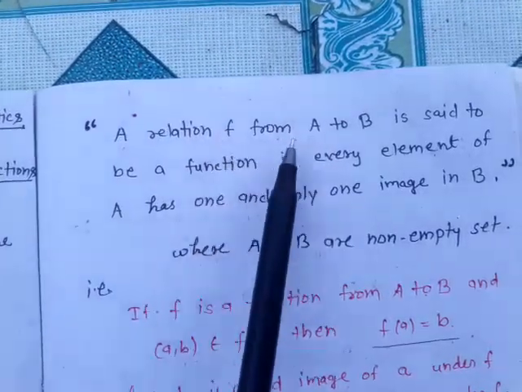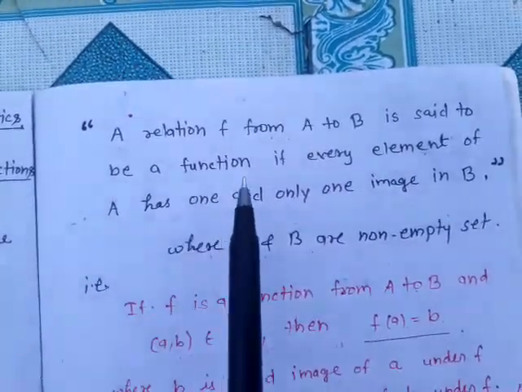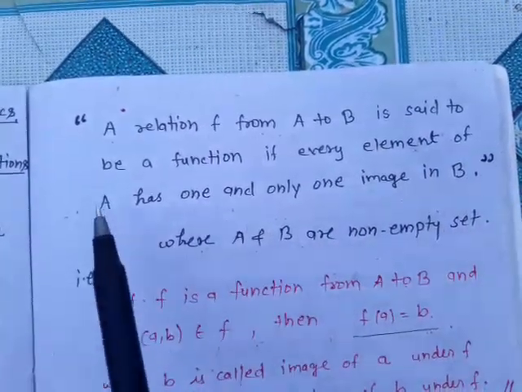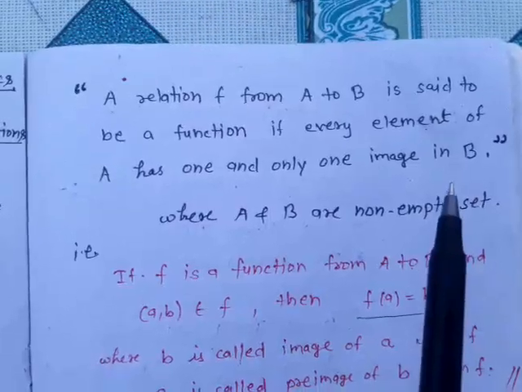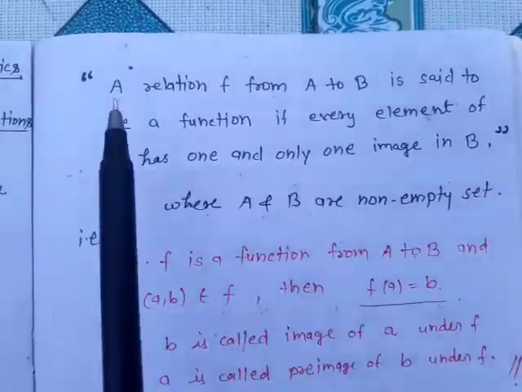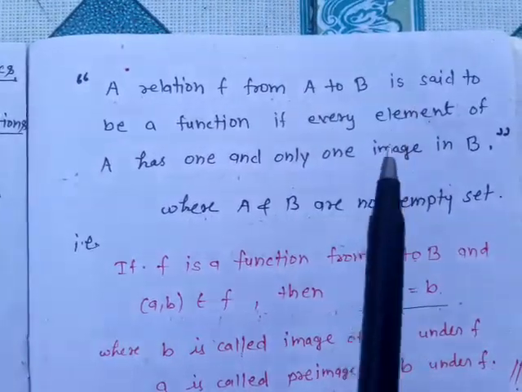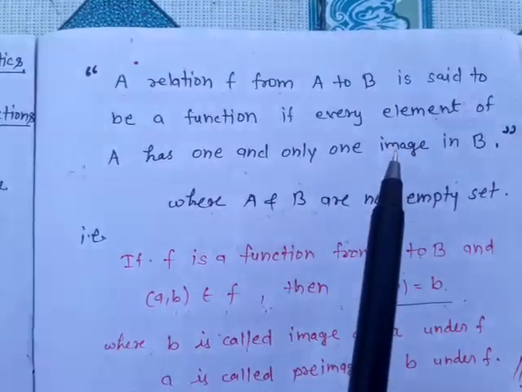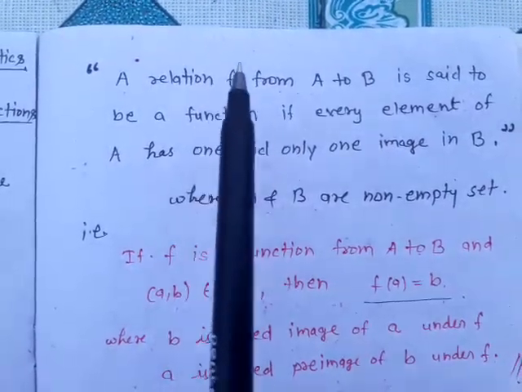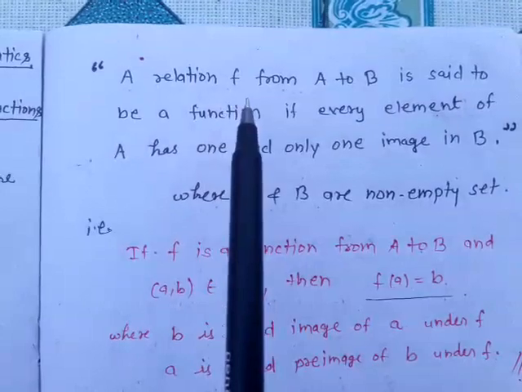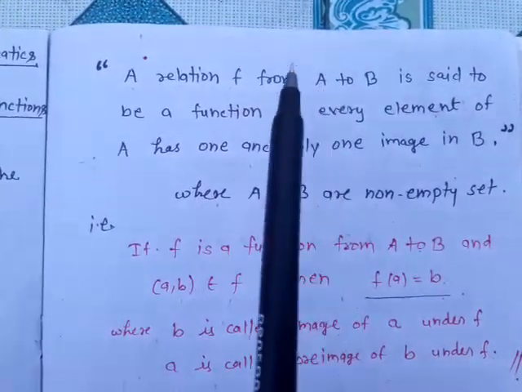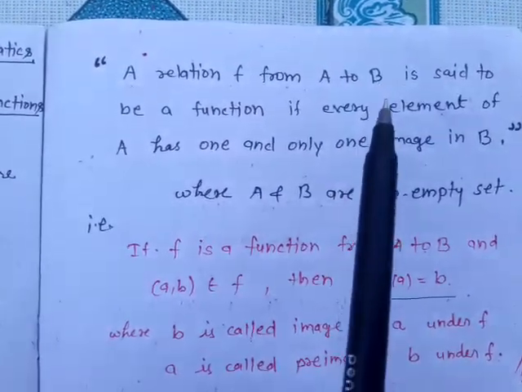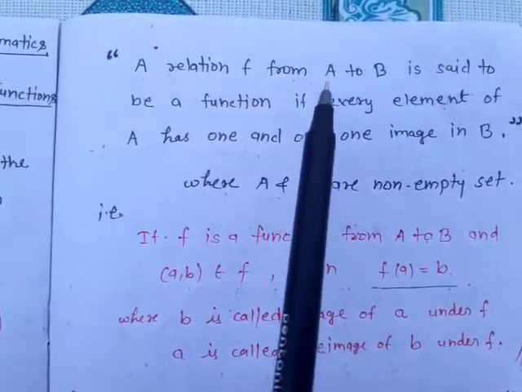A relation f from A to B is said to be a function if every element of A has one and only one image in B. For defining a function, A and B are two non-empty sets, and a relation f is defined from A to B. This f is said to be a function if for every element of A there is a unique image in B. That is, no element is left out in set A.